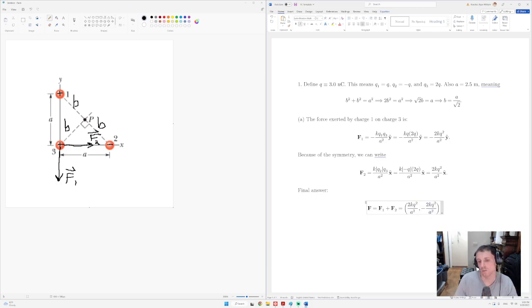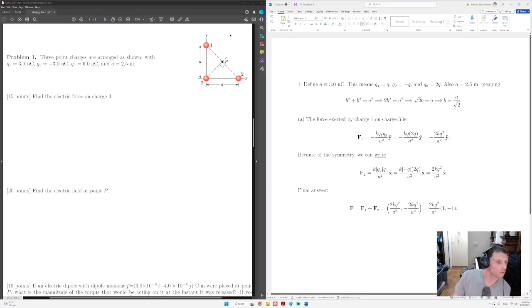Now notice that you could actually factor out 2KQ squared over a squared, right? And that's what simplifying the notation like we did does for us. So we could even write something like 1 minus 1, and there you go. That should be your force vector.